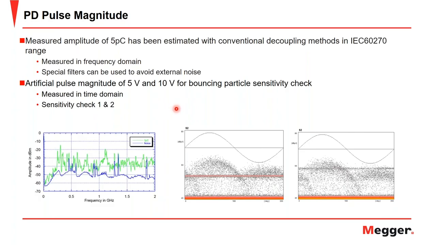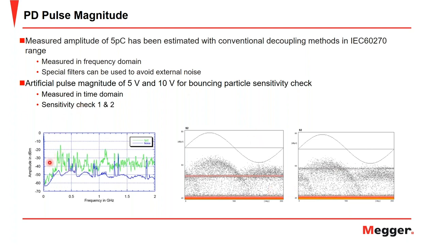So first is to create a 5 picocoulomb defect, use the conventional decoupling methods to measure this, then inject a signal that corresponds to that 5 picocoulomb value, and then on the site inject that signal that was found during the sensitivity check at the manufacturer to be sure that the signal can be seen on site.